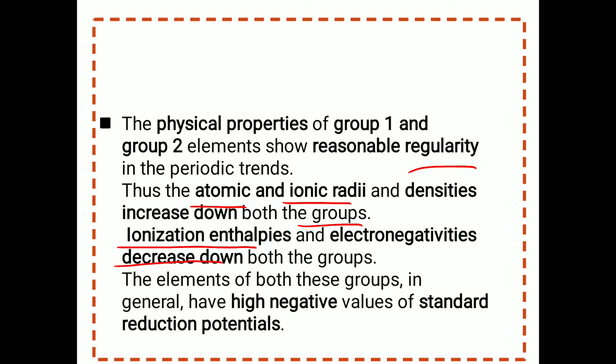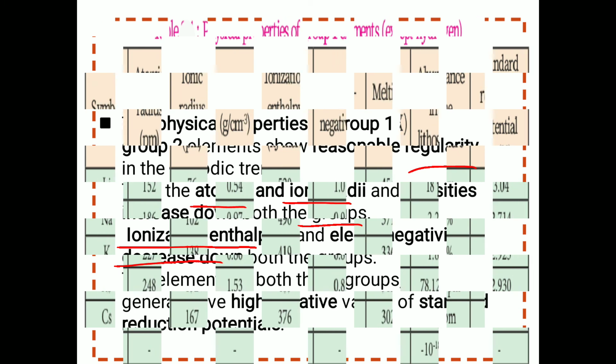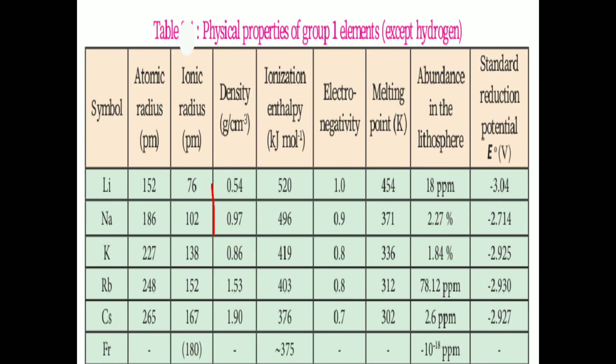Ionization enthalpy and electronegativity both decrease down both groups. Now this is the ionization enthalpy, which decreases, and the electronegativity, which also decreases, as we go down the groups.